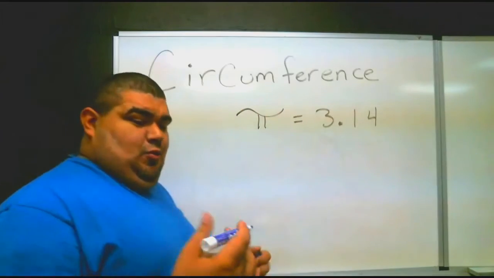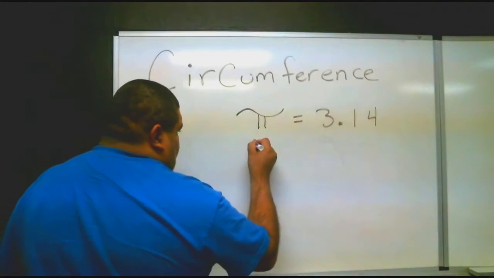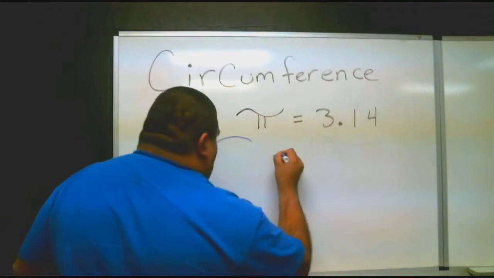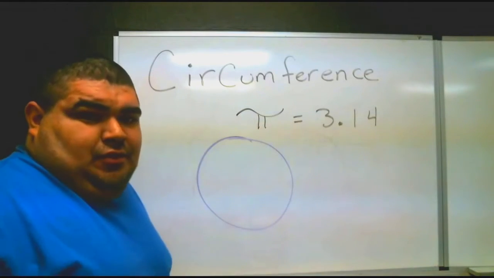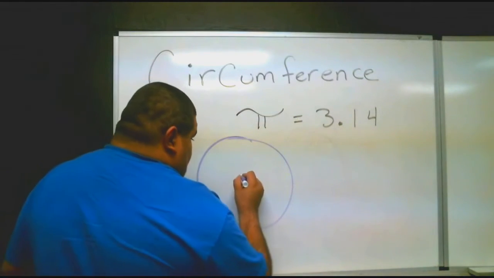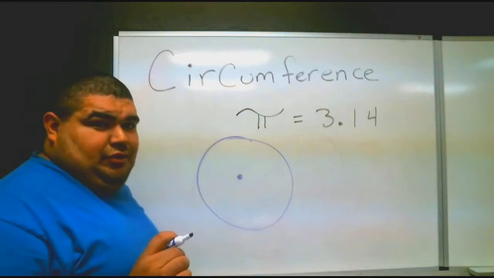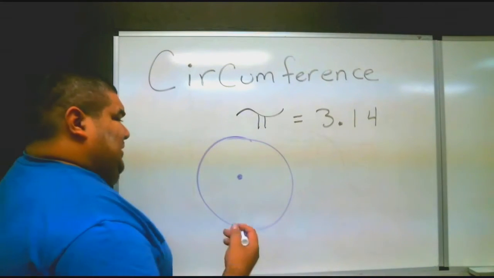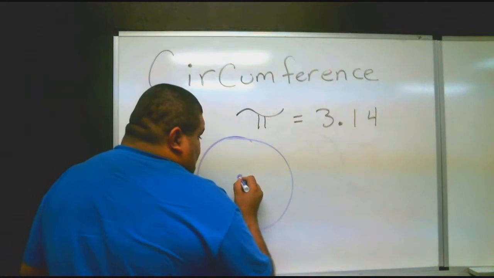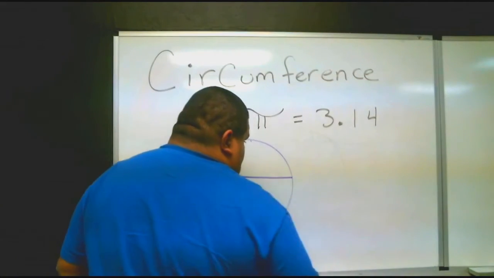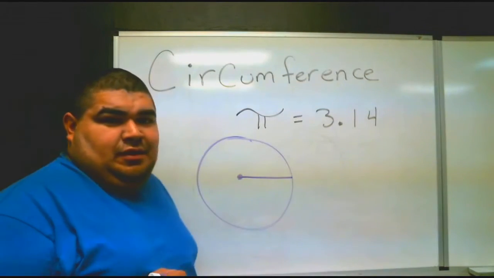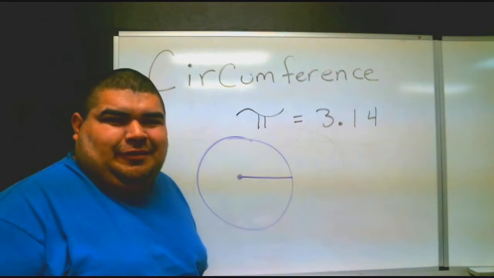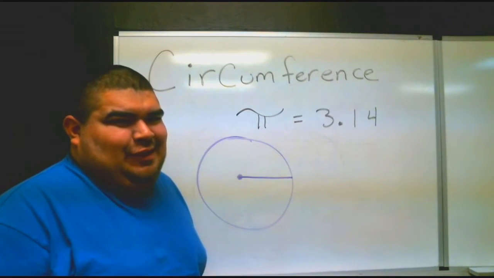We have this circle. On this circle, we have an origin, because remember, the center is the origin. From that origin, I'm going to make a line that goes from the origin to the edge. You guys remember what it's called? It was from last class.